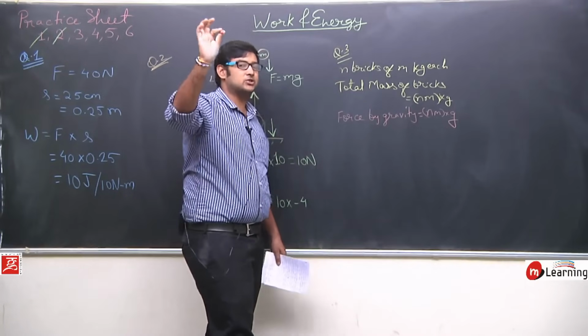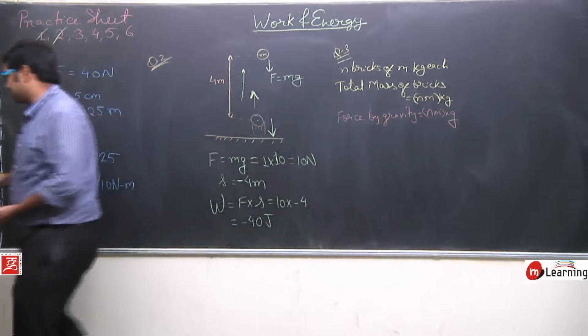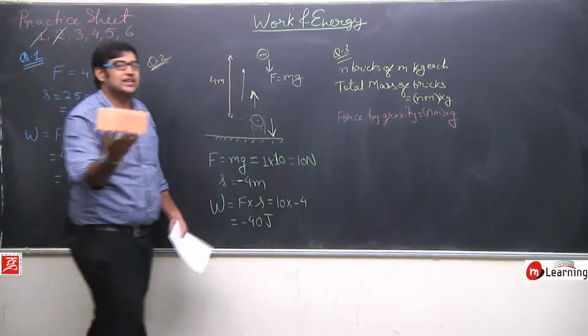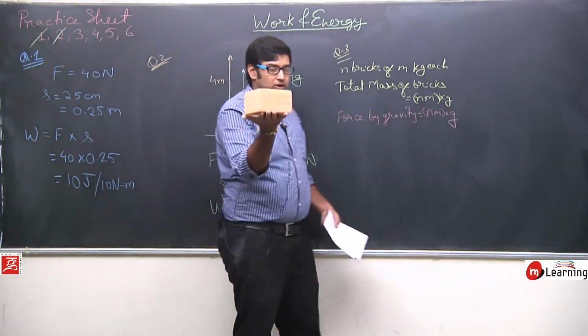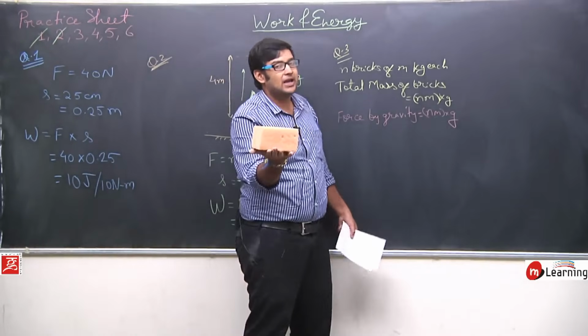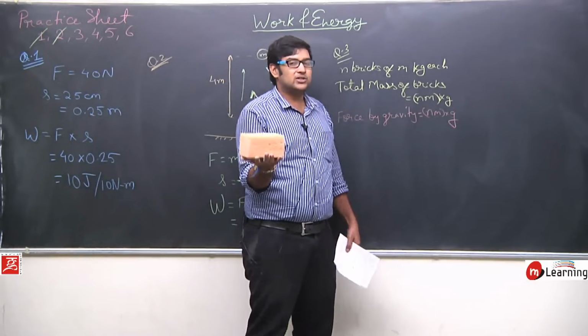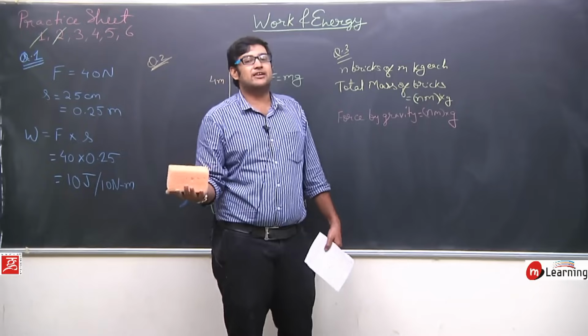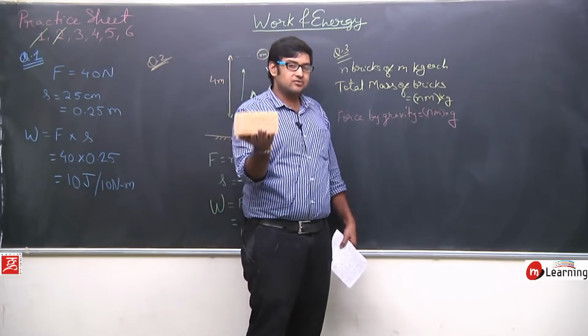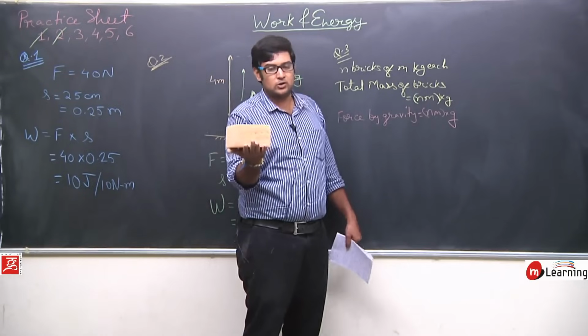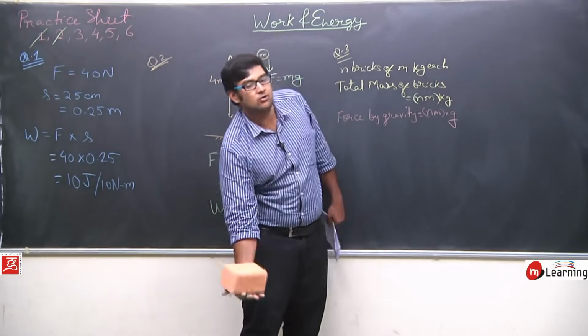For example, this is a chalk, or let's say this is a 10 kg block. Now to hold it in my hand, how much force do I have to apply? I have to apply a force equal to the force of gravity. Because if the force of gravity is more than the force applied by me, this will go down.